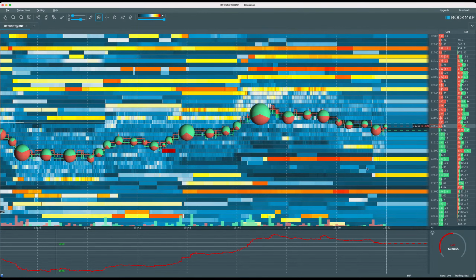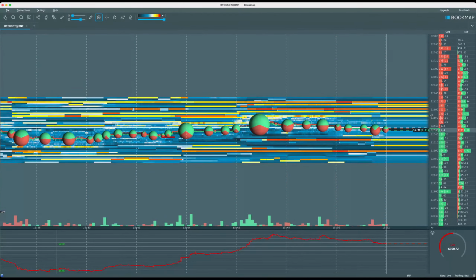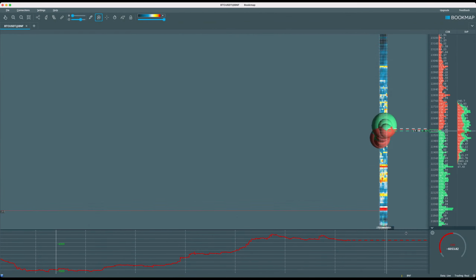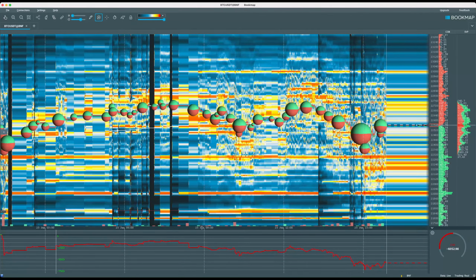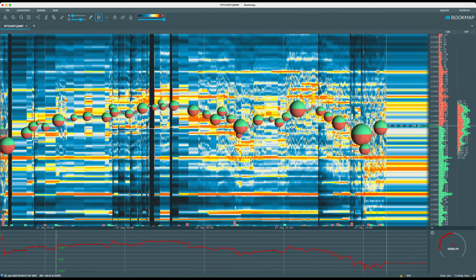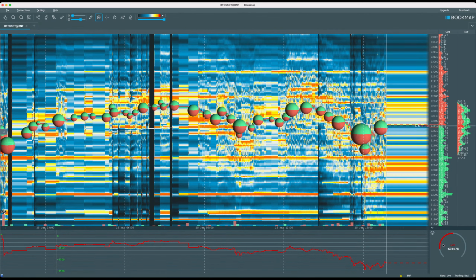However, what I really like about Bookmap is, if you go back on the chart, you can see that when you're looking at cumulative volume delta and price action, there's two things you want to see. When volume delta starts to decrease, as in there's more sell pressure, you want to see the price go down.